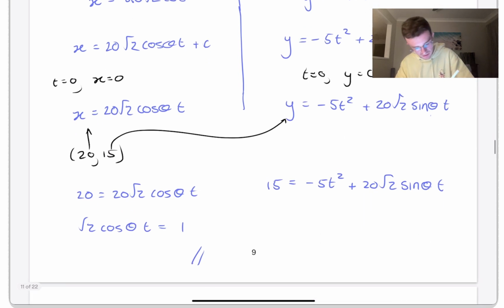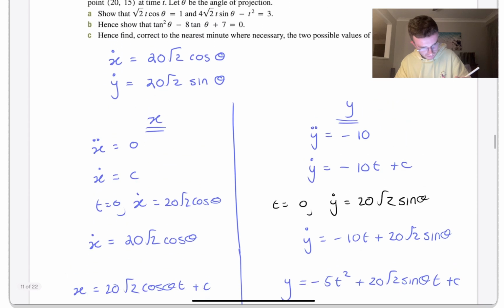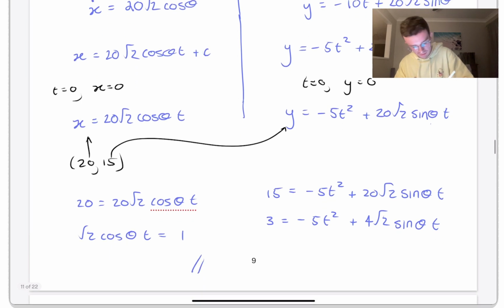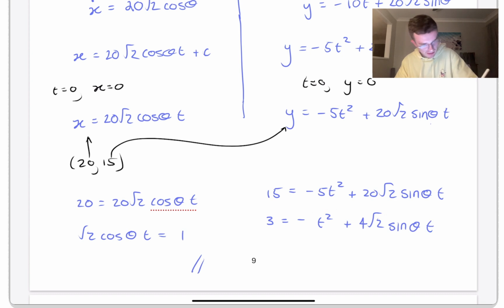I reckon we divide everything by 5, so 3 is equal to minus t squared plus 4 root 2 sine theta t. And yep, that's what we wanted to prove, nice.